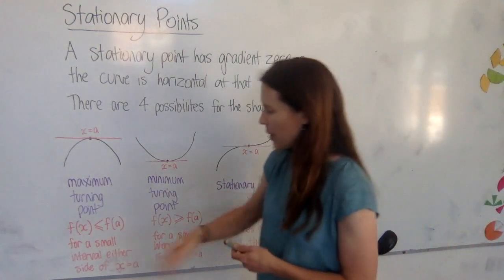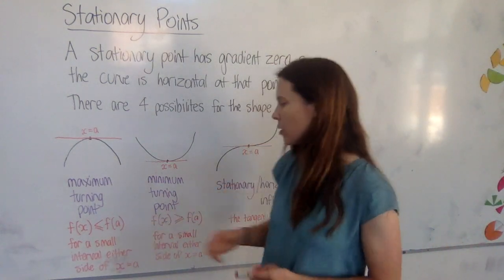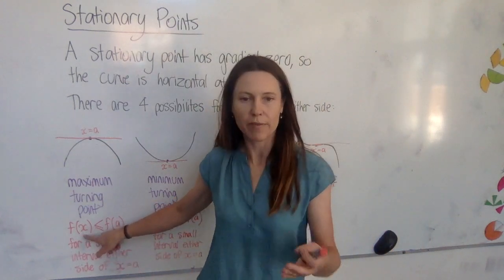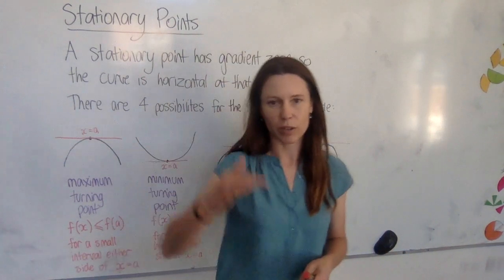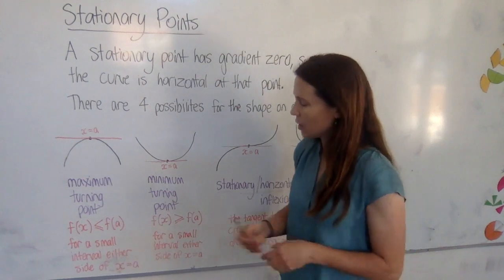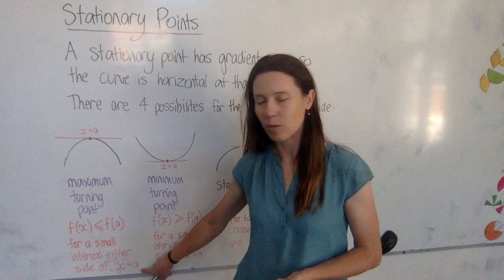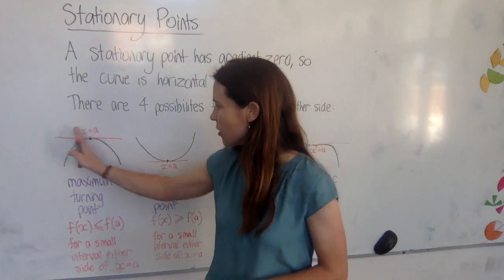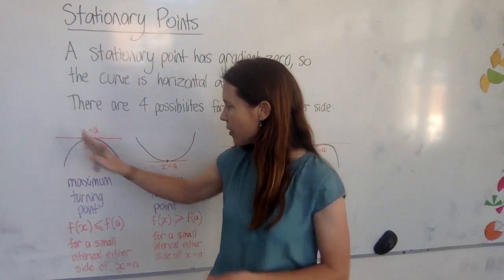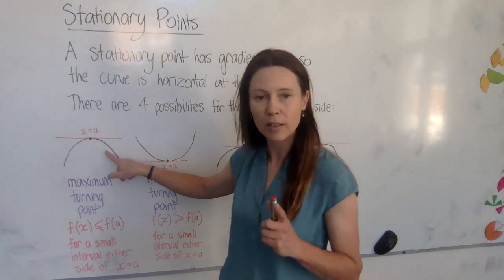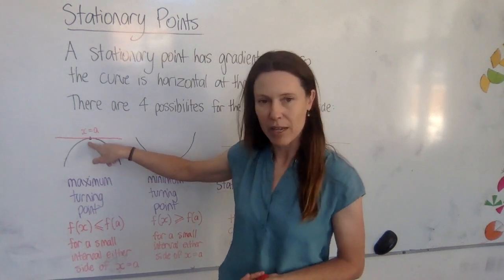Now, to define what's happening here algebraically, if we look at what f of x is, now f of x is just the y value, isn't it? So it's how tall the graph is, up and down. Then we can say that for a small interval on either side of x equals a, in other words, just locally around this point, all of the y values of the curve are lower than the y value at this point here.